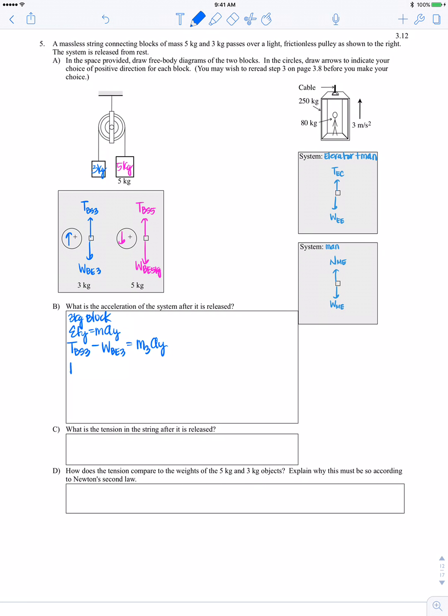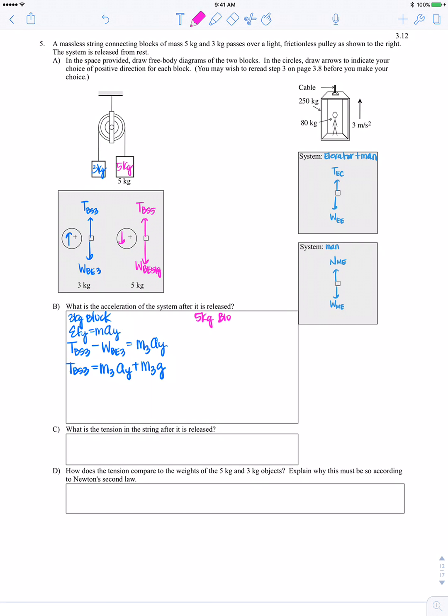Then I'm going to add the weight to the other side: tension equals M3 A_y plus M3 g, where M3 g is the weight. Now I can't do anything yet because I don't know tension or acceleration.